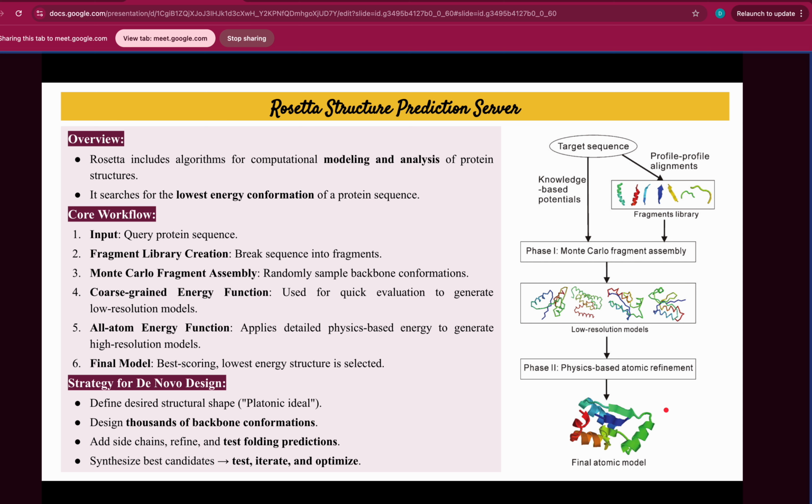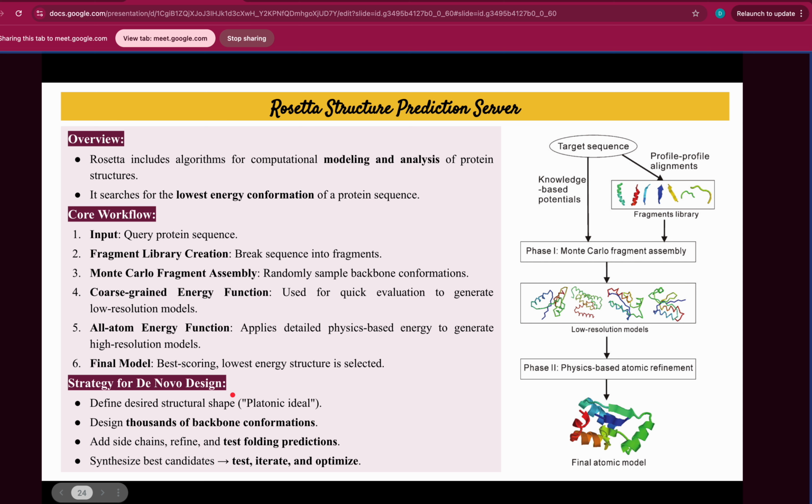So you keep on refining it again and again by changing the different rotamers, and then the final model is obtained, which has the lowest energy state. So this is the Rosetta based structure prediction, in which you are not using any template information. You have knowledge based potentials, but you are using the physics based assignments to predict the structure.